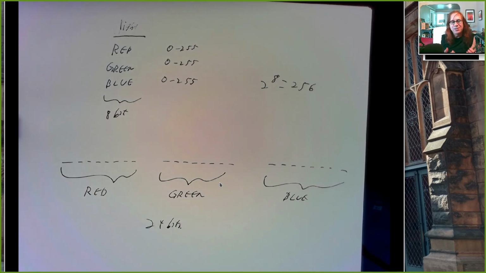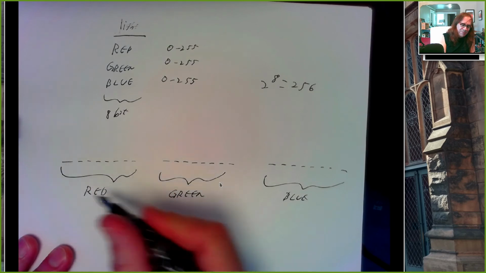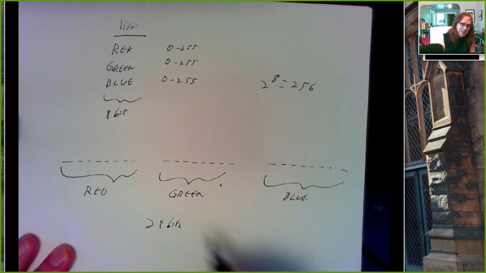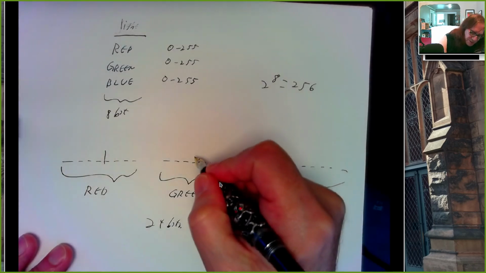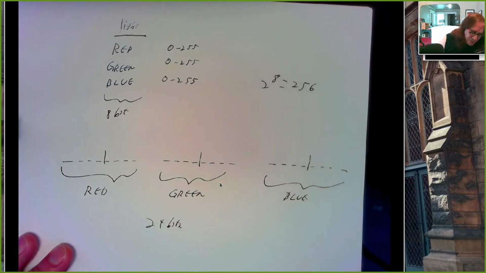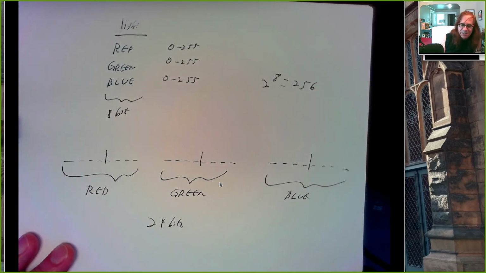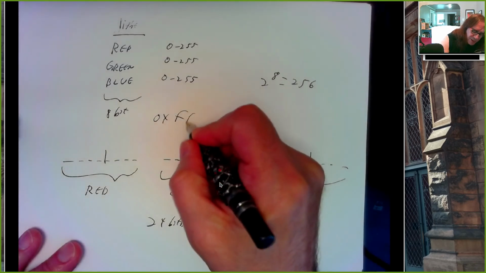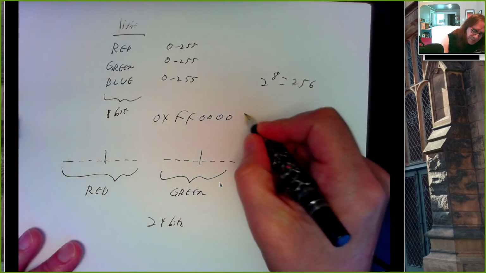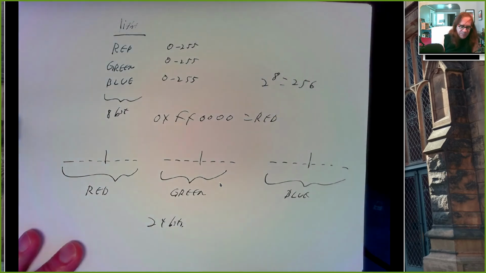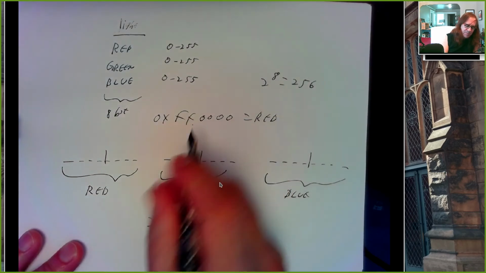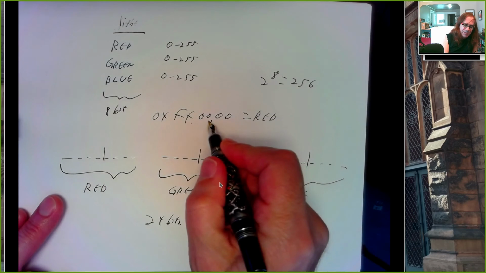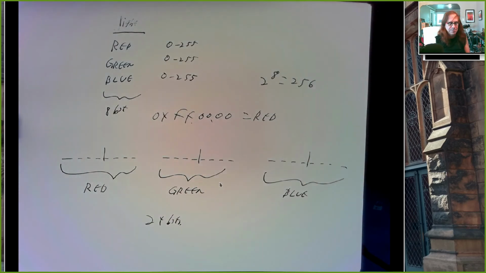Can your eye discriminate those? Can your monitor display those? It depends. But if we set up our color like this, then we've got 256 values for each of these. And if we break these into half bytes, nibbles, it's 6 hex characters. So for example, FF0000, that would be red. So this corresponds to the red piece, this corresponds to the green piece, this corresponds to the blue piece.